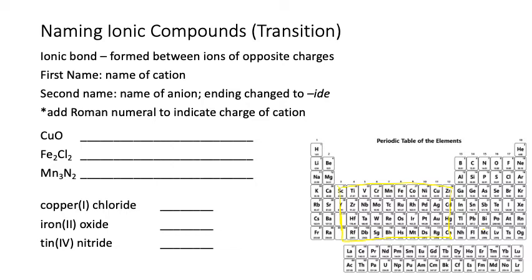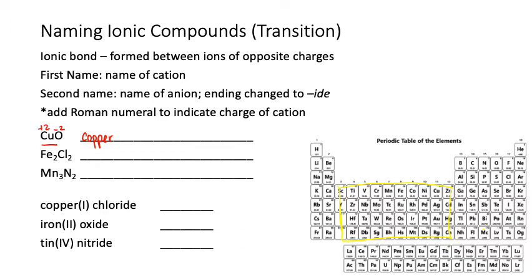Oxygen's in group 16, so it's typically a -2. We again have to make sure these charges balance out in these ionic compounds. Here we only have one copper, as indicated by this formula. So the only way these charges can balance out is if copper in this case is a +2.